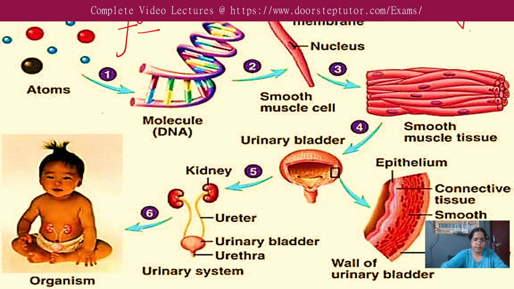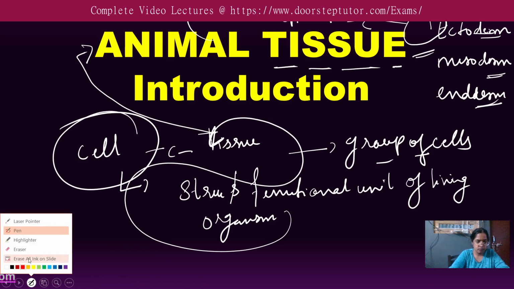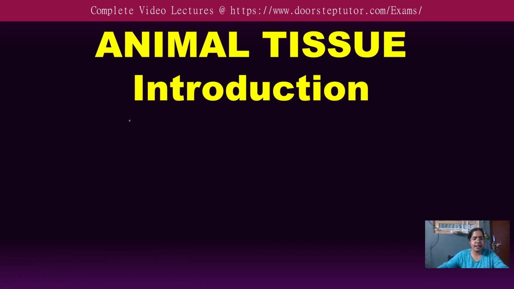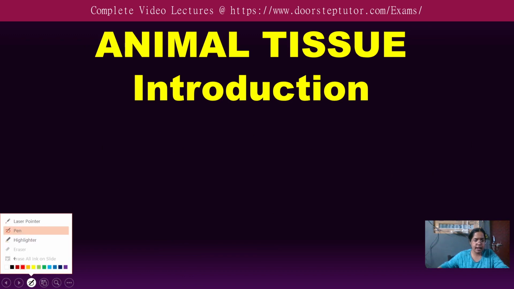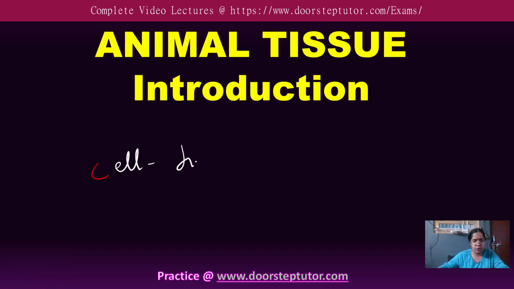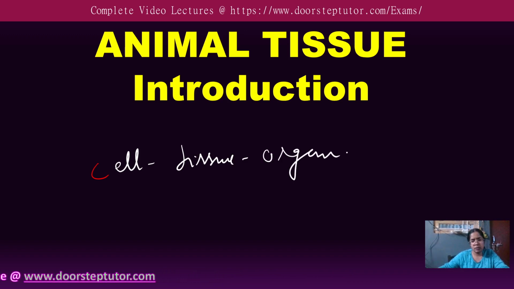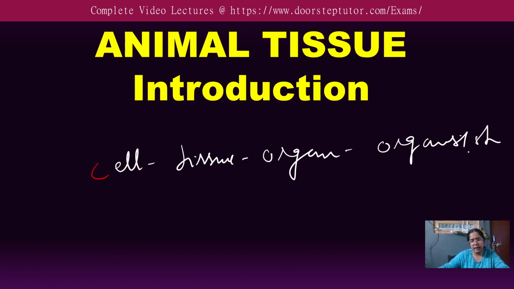Let me write it here. We know the hierarchy, and we are already aware of it. We have cell to tissue, tissue to organ, organ to organ system, and then the organism.